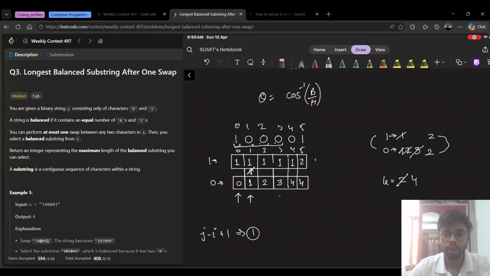Okay. So now I need to iterate it. For int i equals to 0, i less than s dot size, i plus plus.